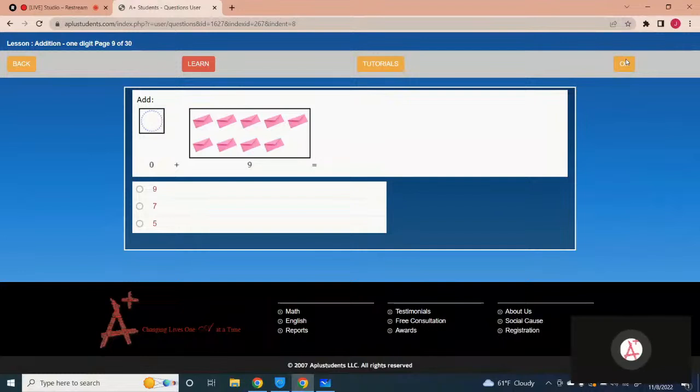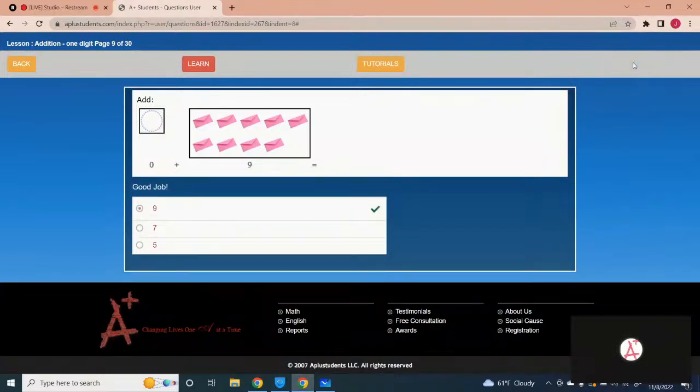Okay, 9 plus 0 makes 9. Got it? Just select the correct option and click on the OK button.